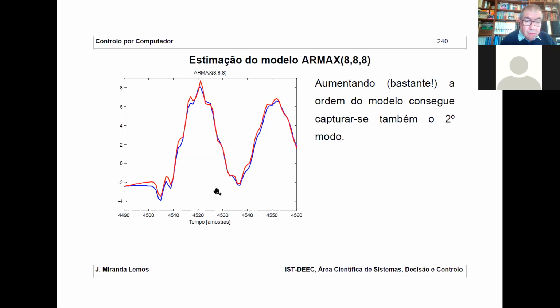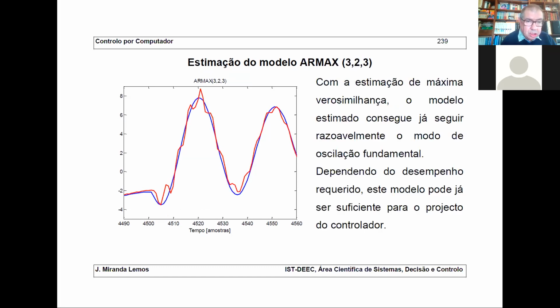Now, if I want to design a controller, what I want is to have a simpler model. So probably this would be the best model. If I start having high dimensional models, it's easier to get into trouble.